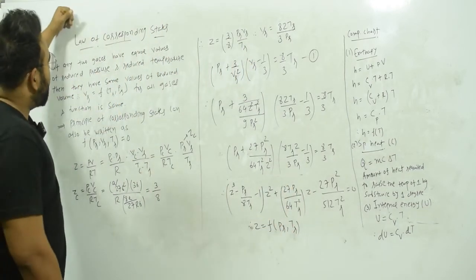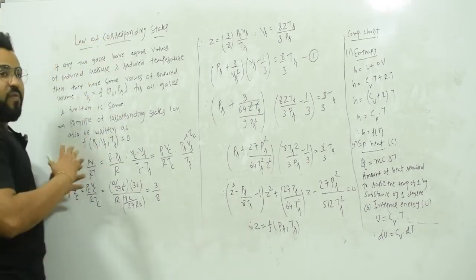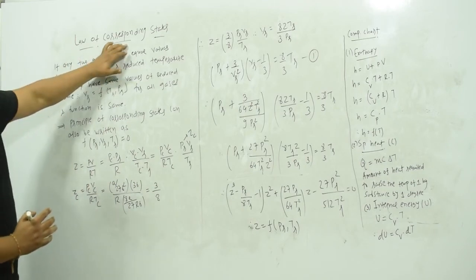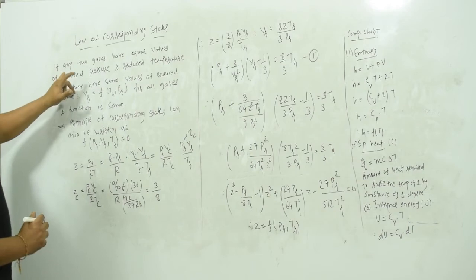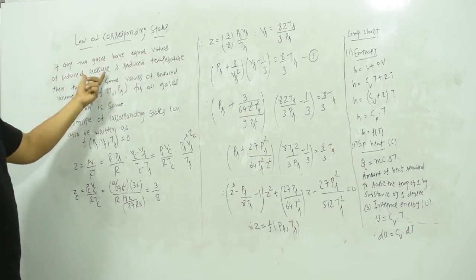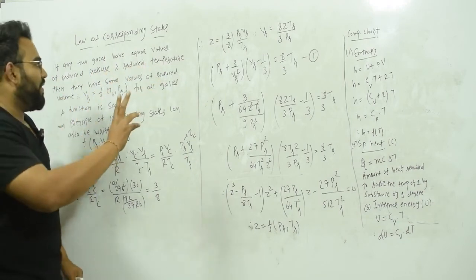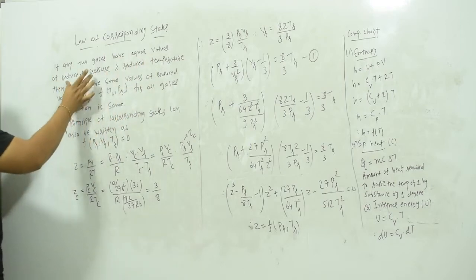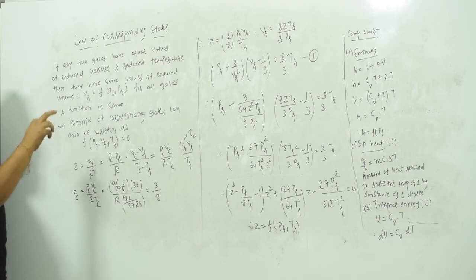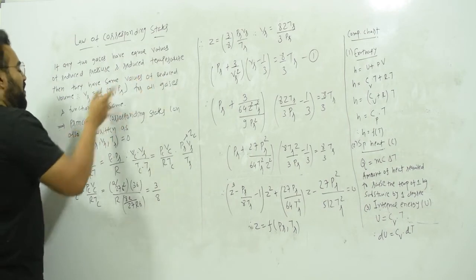So this is also a most important topic as far as the GTU examination is concerned. This is just the extension of Van der Waals equation, as we have done in reduced property. So the law of corresponding states is something like this: if any two gases have equal values of reduced pressure and reduced temperature, that is, take any two gases, and if they have the same value of reduced pressure Pr and reduced temperature Tr, then they have the same value of reduced volume.